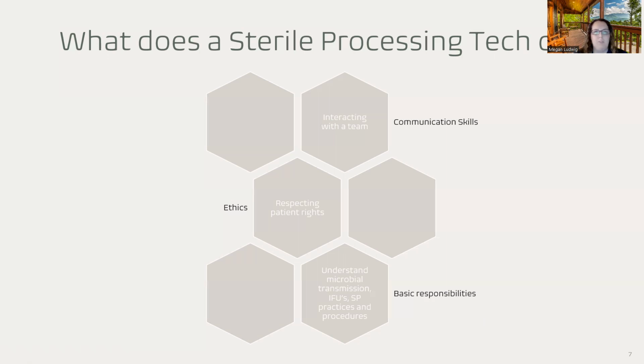Every piece of machinery, everything you get in sterile processing will have an instruction for use. That comes from the manufacturer. You always want to contact or look back at that if you're not sure, to make sure you're doing it correctly. So we'll talk about those later. And then sterile processing practices and procedures, what are the industry standards? You have to stay up to date with those, going through those steps to make sure everything is done perfectly.